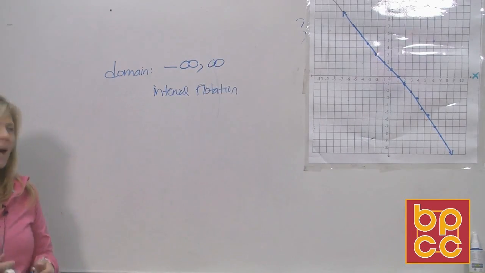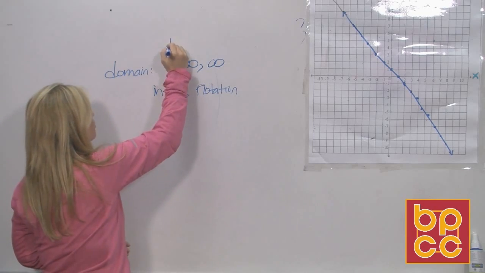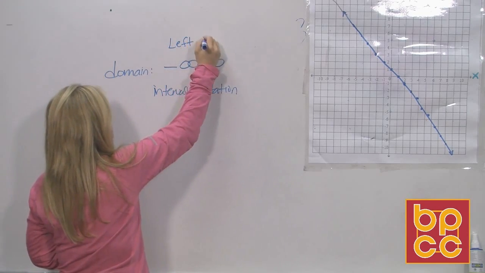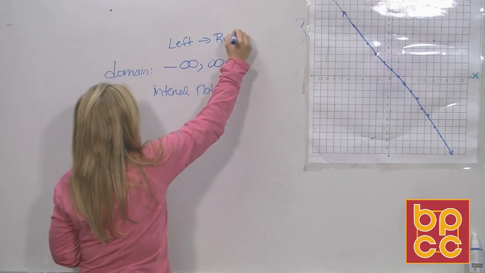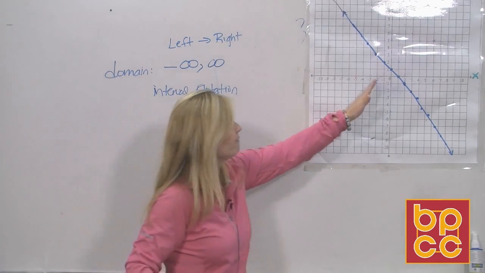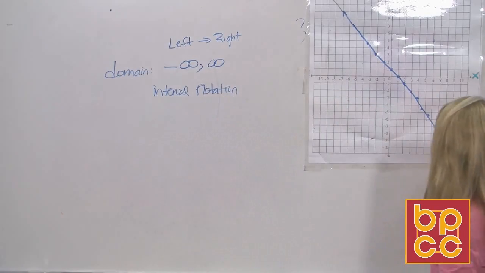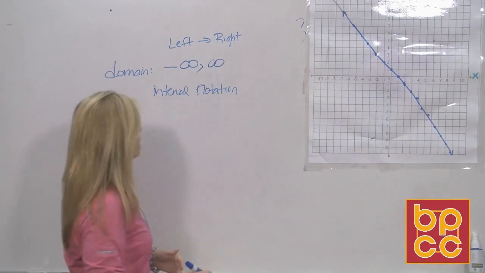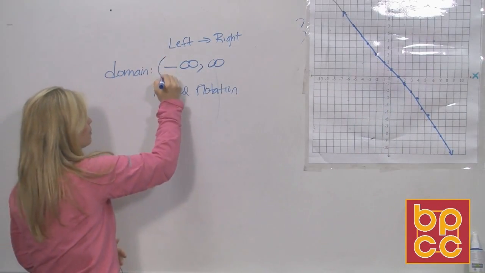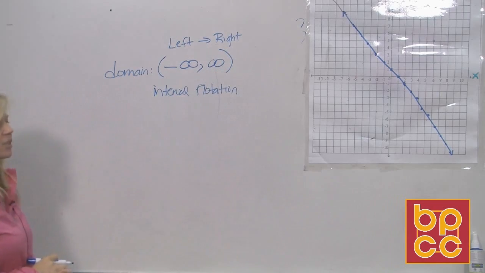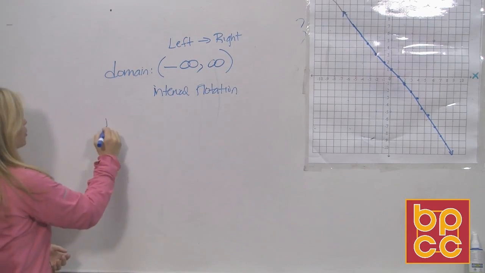So when you talk about domain, you talk about going from the left side of the graph to the right side. How far to the left does the line go? All the way. How far to the right does it go? All the way. And if you remember when we did interval notation, infinity always goes in parentheses. Now we're going to do the range.